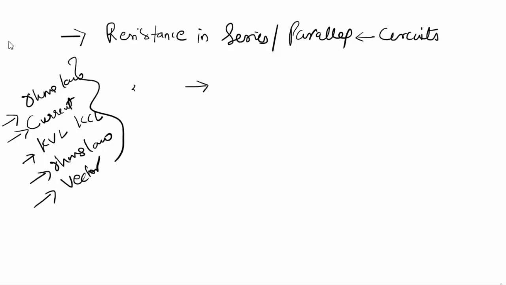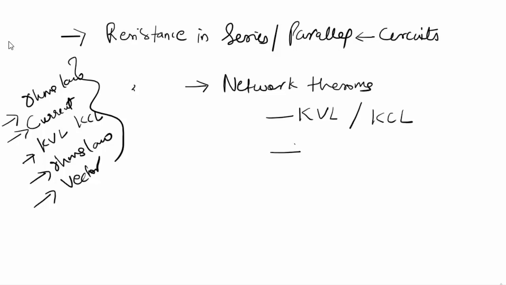But in this lecture I will solve more problems about the network theorems. After that I will also solve one or two problems applying the KVL and the KCL. Then I will solve the problems using the DC theorems. So we are considering only the DC circuits.